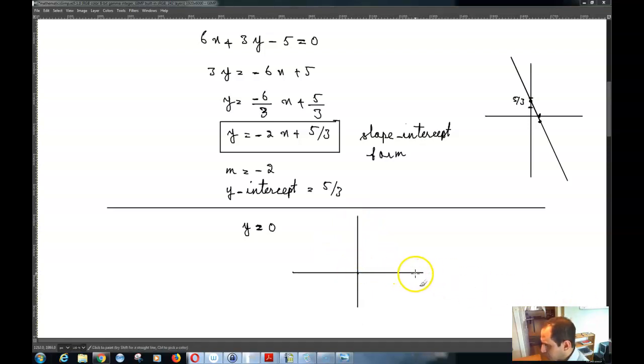It becomes the x-axis itself. So this is the x-axis, this is the y-axis, and over here your slope is equal to 0, and your y-intercept is equal to 0.